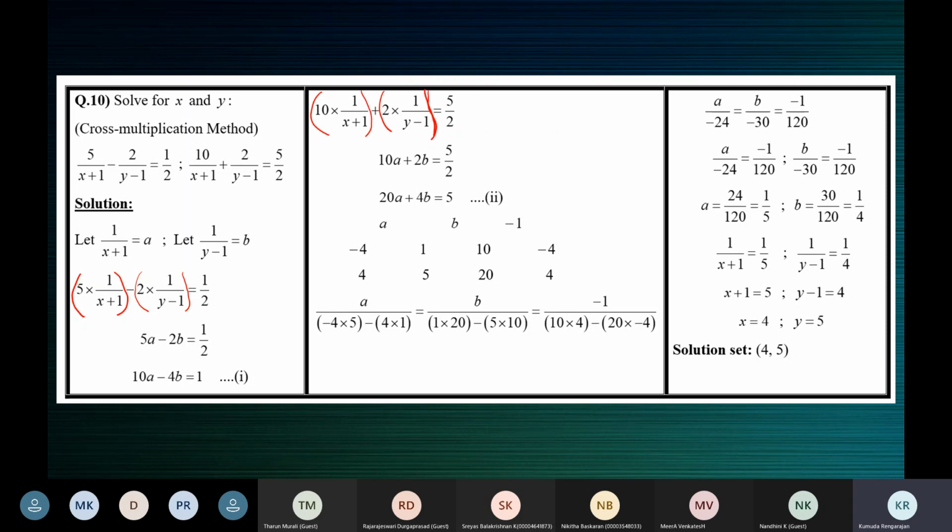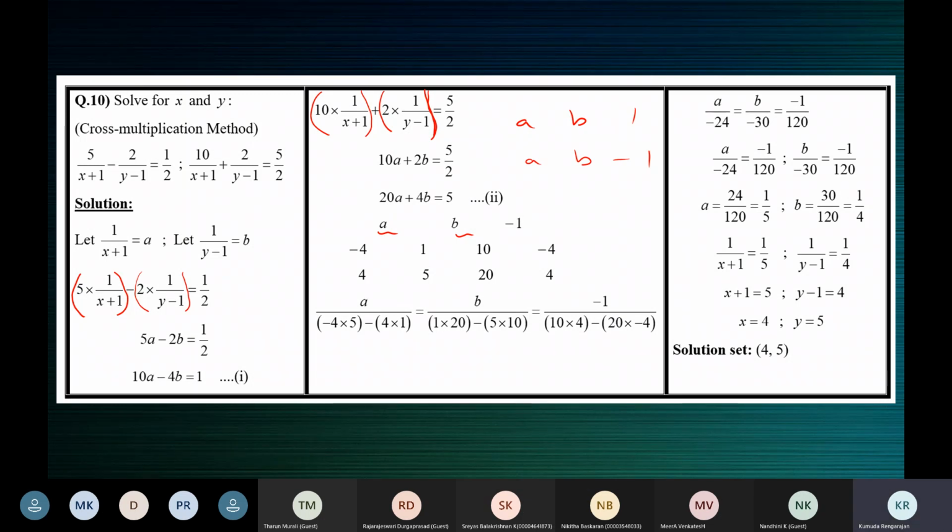Is it over? Completed, ma'am. So here the equations have the variables a and b. I have told you how to use the headings AB1 and AB minus 1. You can use anything.